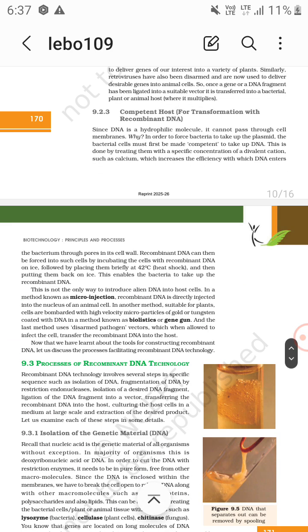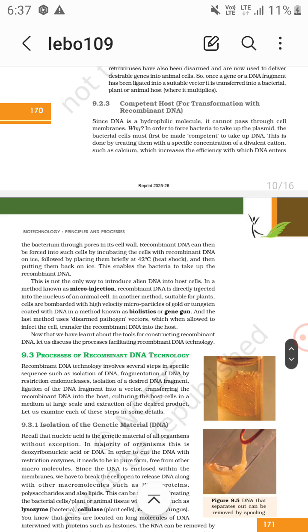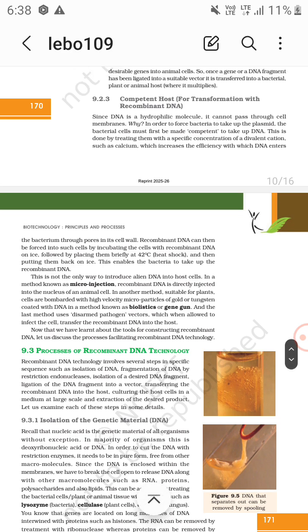Now there is the competent host, like how to transfer the recombinant DNA into the cell. You see, plants have a cell wall. For bacteria, how they take up DNA: first put it in a divalent cation, then put it on ice, then heat shock at 42 degrees Celsius, and then again put on ice.